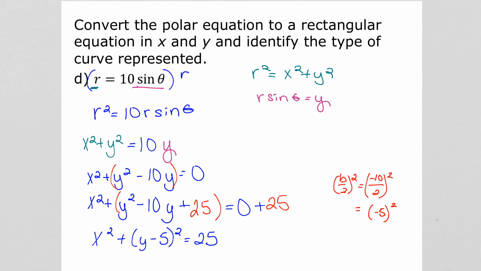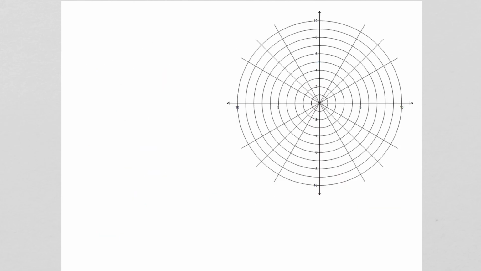What does that look like when you graph it? Let's take this to the next page. It would be a circle with the point (0, 5) as its center, and a radius, r squared equals 25, so a radius of 5.